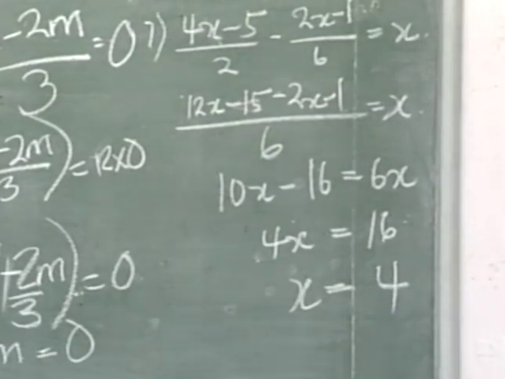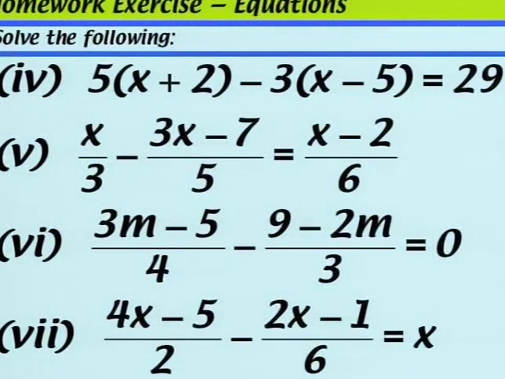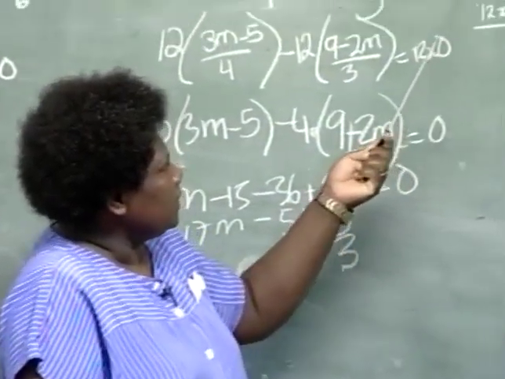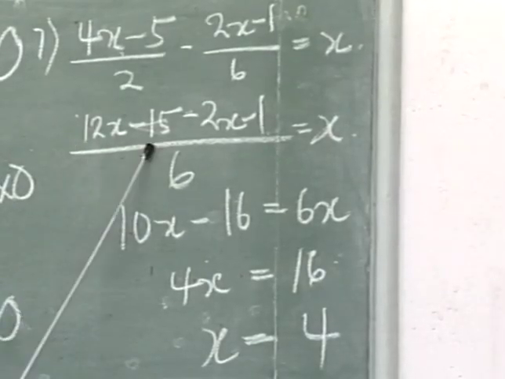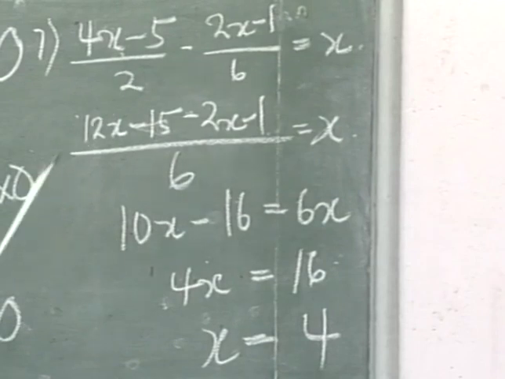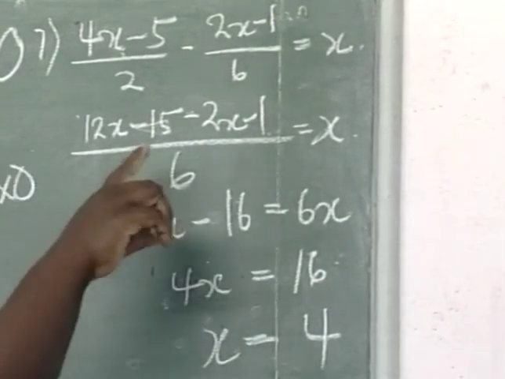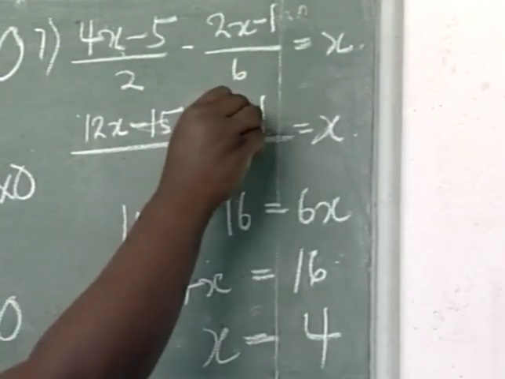Okay, let's see. The equation was (4x minus 5) on 2 minus (2x minus 1) on 6 equals x. The lowest common multiple of 2 and 6 is 6. If you multiply, you will get 6 on 2 is 3. 3 times 4x is 12x. 3 times negative 5 is negative 15. 6 into 6 is 1. If there is a minus sign outside, don't forget that is now minus 2x. This one should be plus.